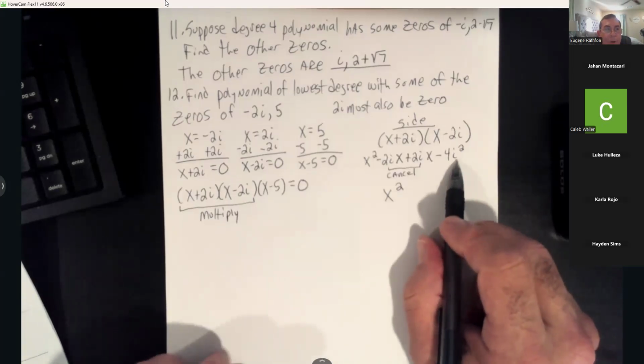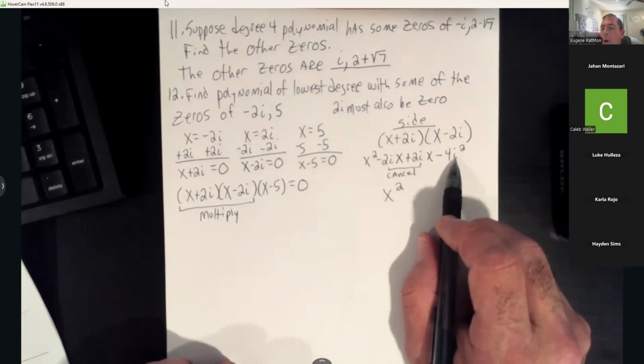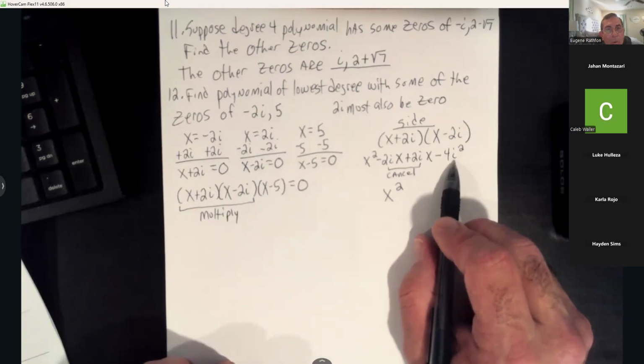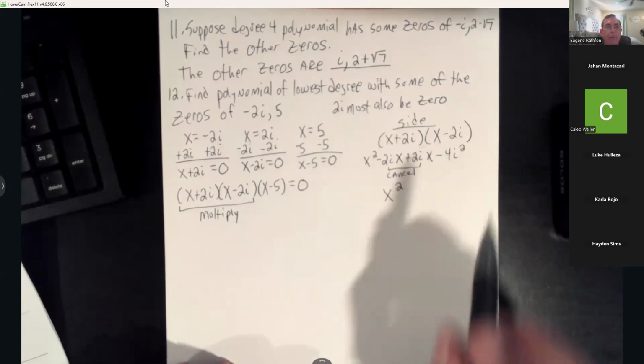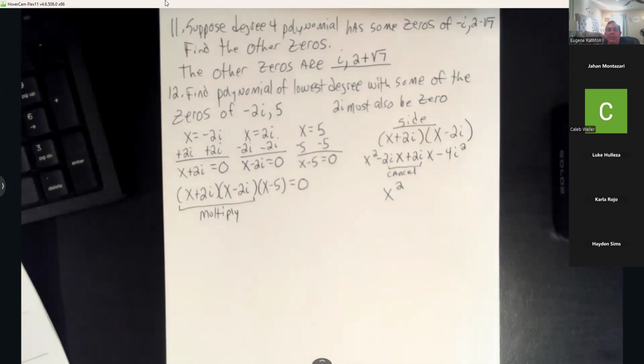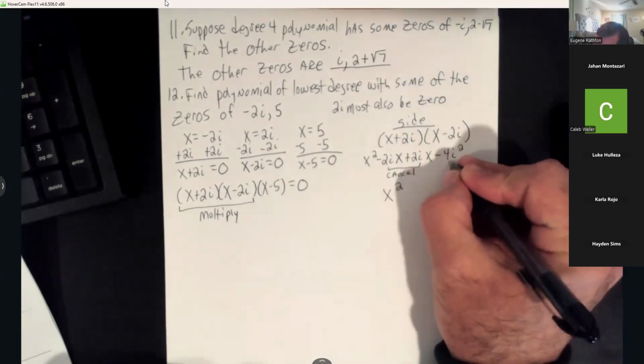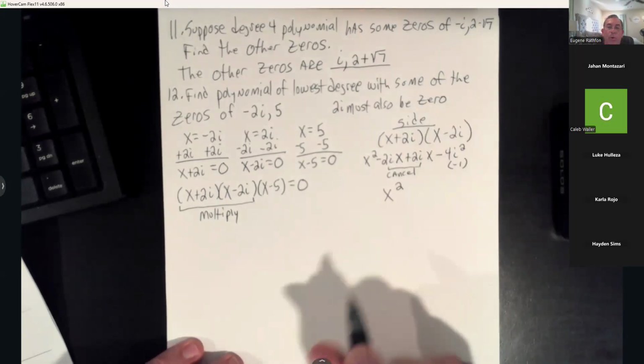So y'all, this question is for y'all on chat. What does i squared equal? Because if I know what i squared equals, that's going to eliminate those i's altogether. All right, good job. That is definitely a negative 1.